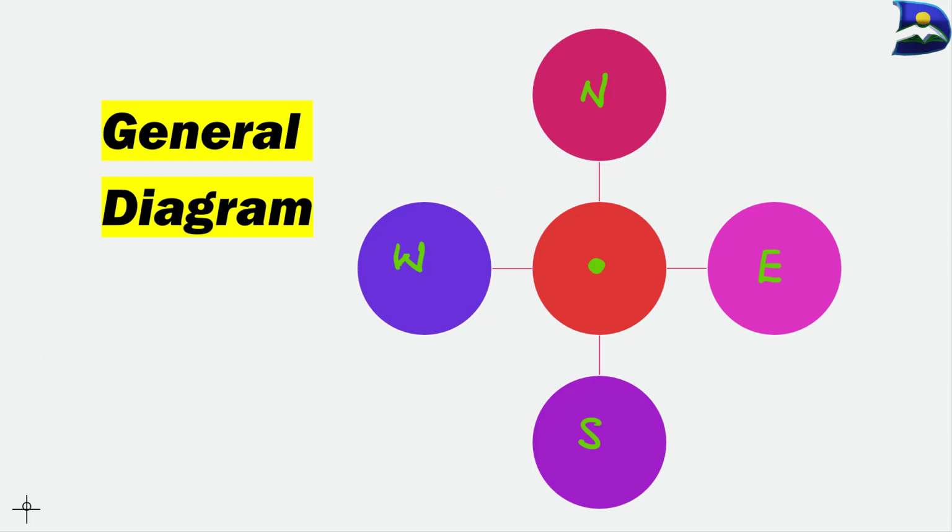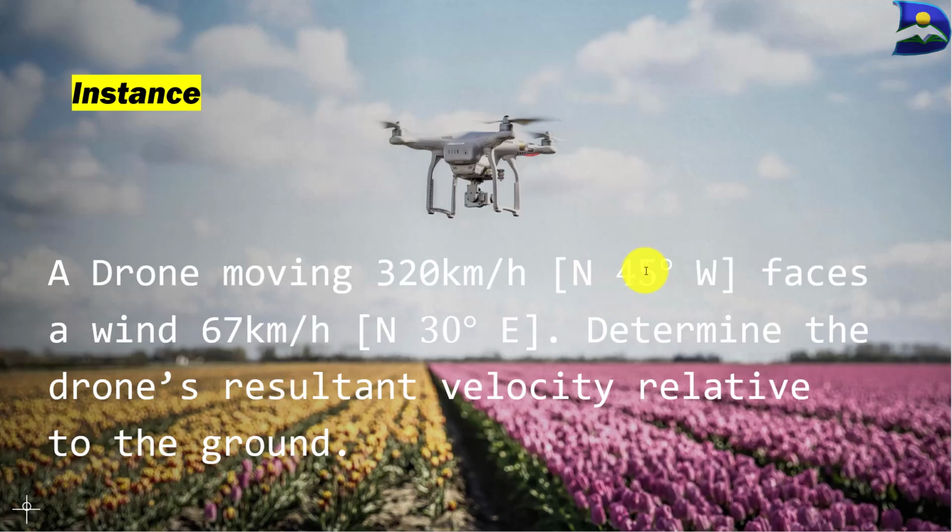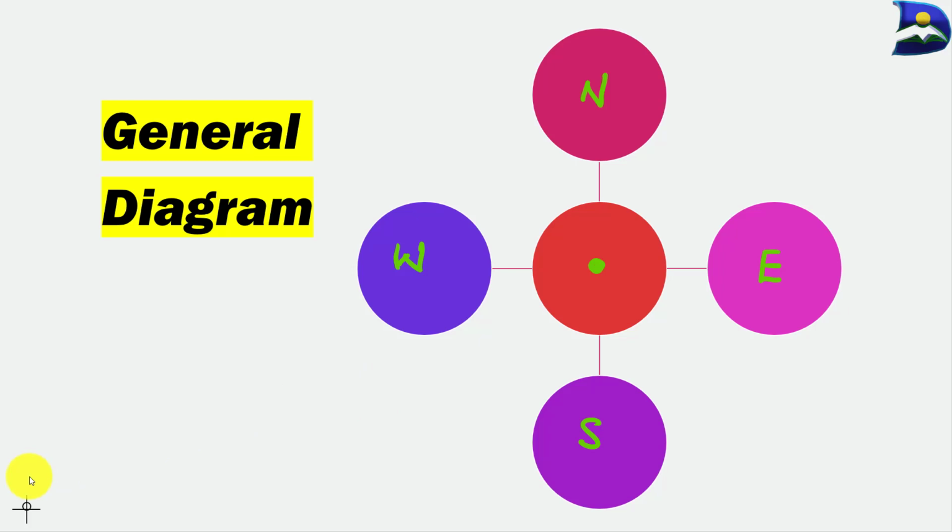Based on the question, we're going to assign north as our beginning spot. So for the drone moving at 320 kilometers per hour north 45 degrees west, we can first determine where the line that is the vector for the drone is going to be pointing.